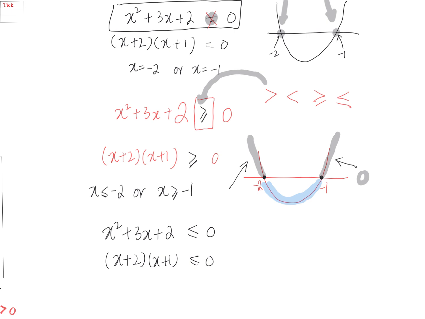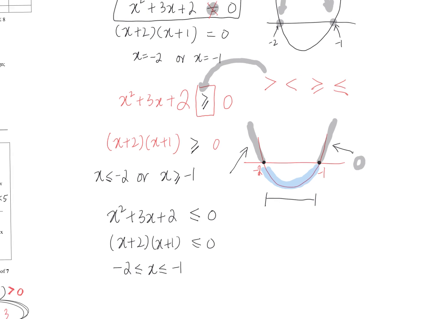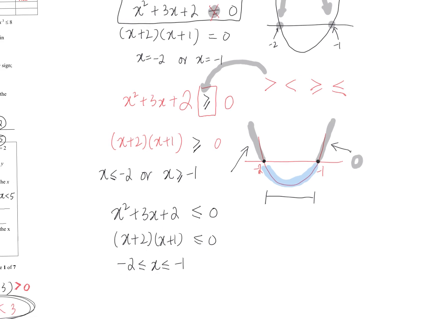So your solution will all be trapped between this range, between -2 and -1. So your solution can either be a tail kind of solution or a bounded one. So we try actual examples.